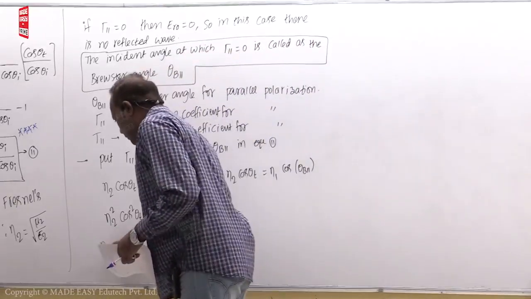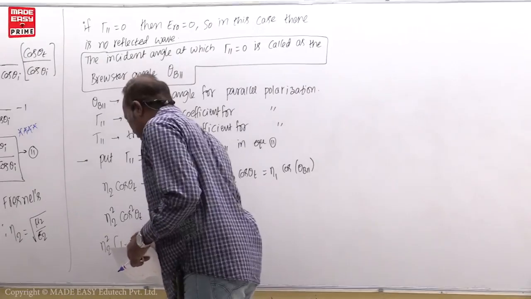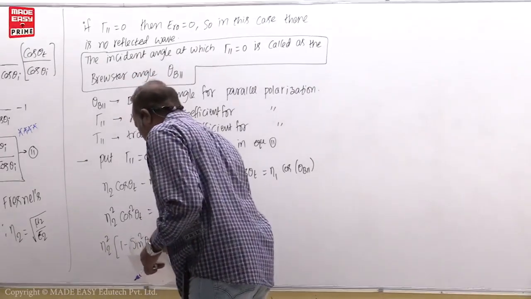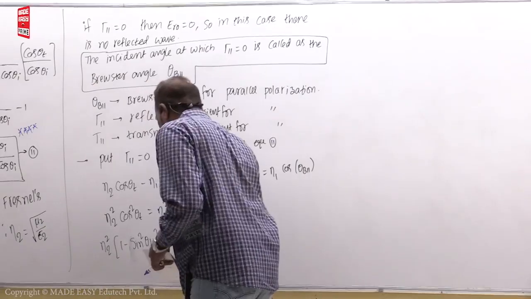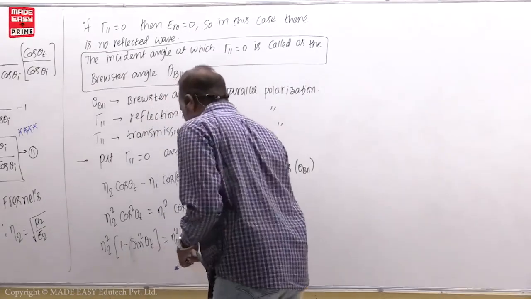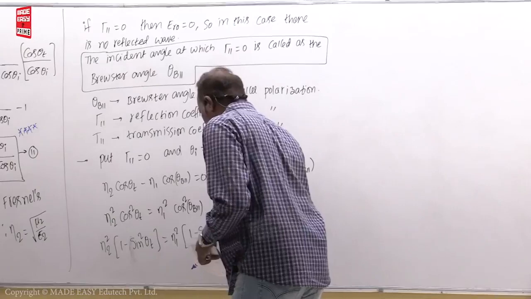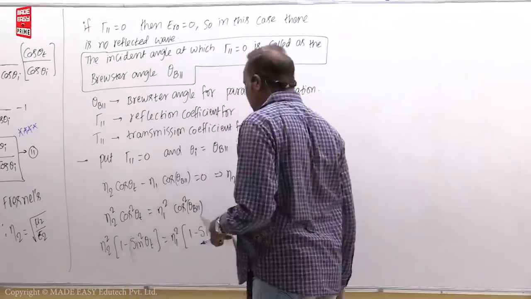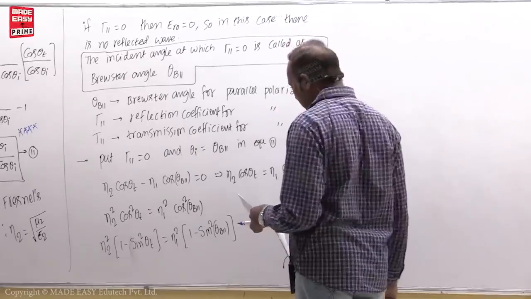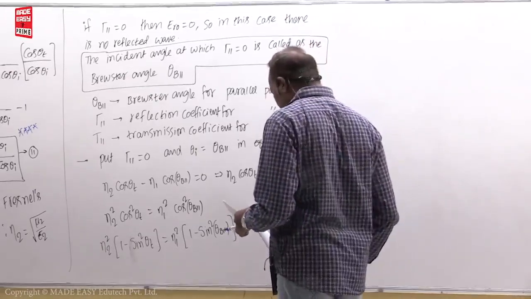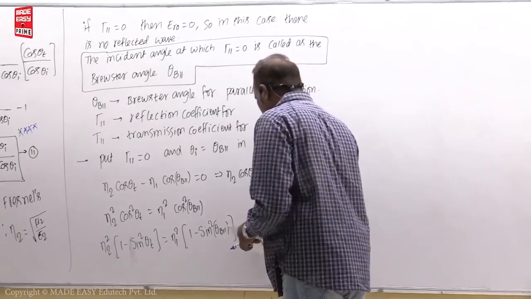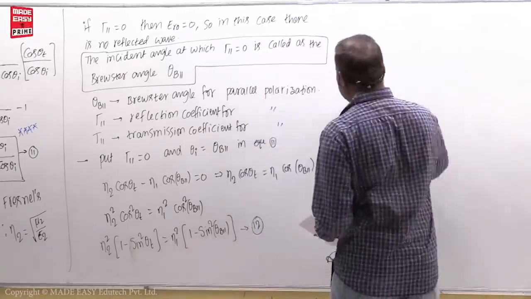So eta 2 square, this is 1 minus sine square theta t is equal to eta 1 square 1 minus sine square theta B parallel, because we are interested in applying the Snell's law here, that is why. So let us say equation number 12.